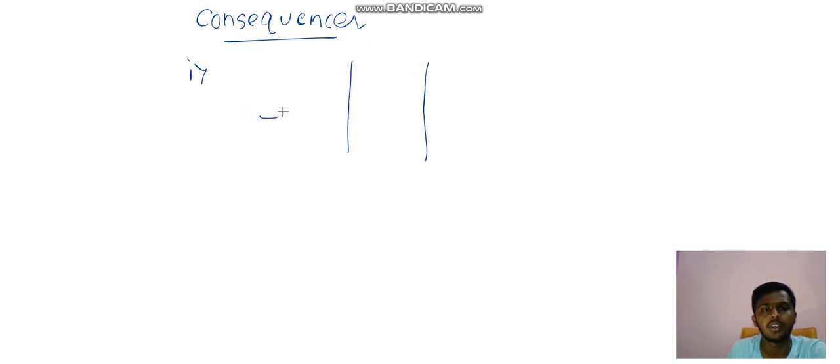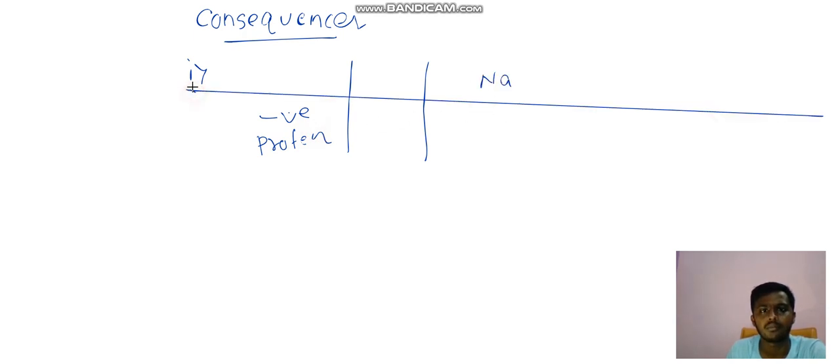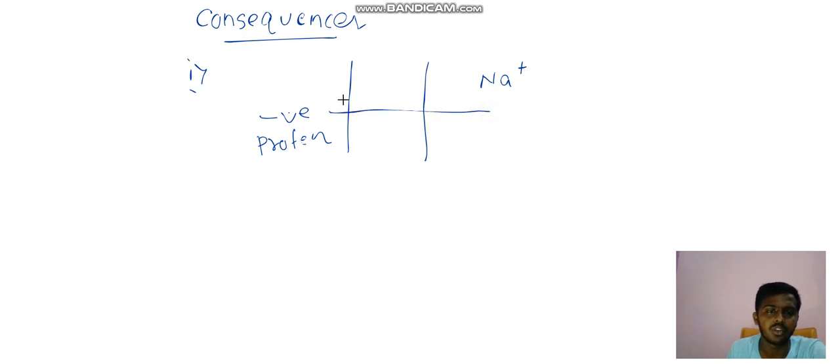Let's say a negative charge, negative protein, here, and outside, this is sodium. What will it do? It will attract sodium inside the cell, and with the sodium, water molecules will come with it.